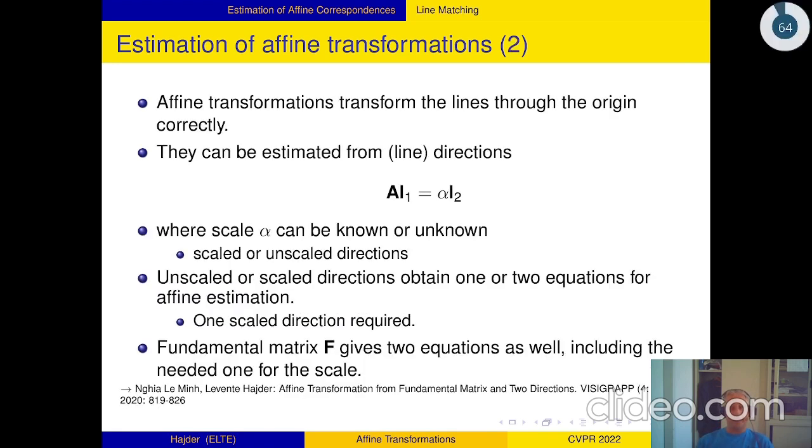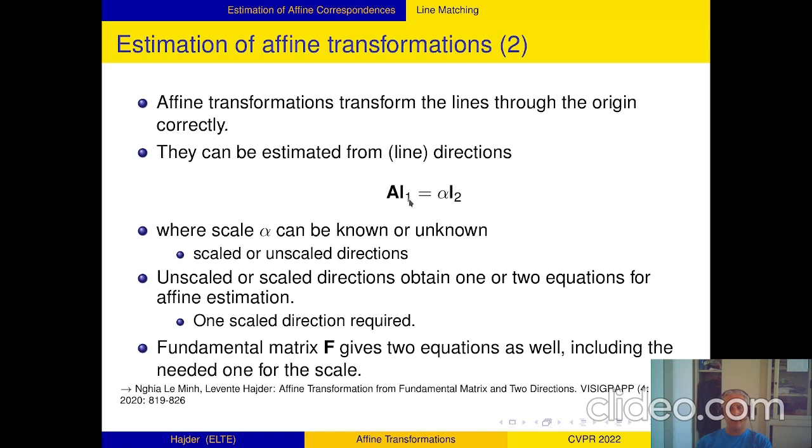Now let's see the application of line features. I tried to highlight a very important property of affine transformations, concretely the linear part of the affine transformation: it transforms the line directions correctly, for lines which go through the origin. So we can write an equation for these lines.